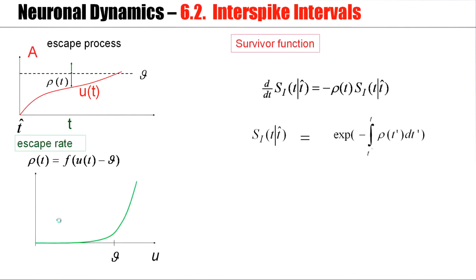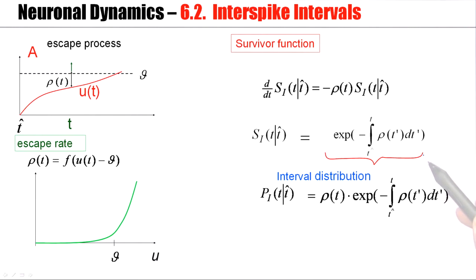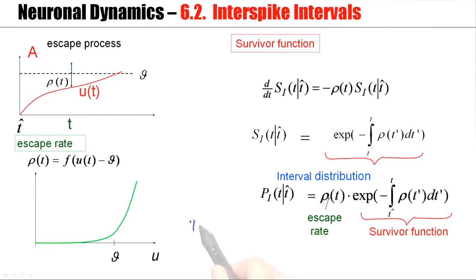So let's write this up again. My survival function can be calculated by this differential equation, which I can integrate. In order to get to the interval distribution, I take the survivor function part, and then I multiply with the momentary escape rate. Now there is something interesting, and that's this interval distribution, P of t given t hat.